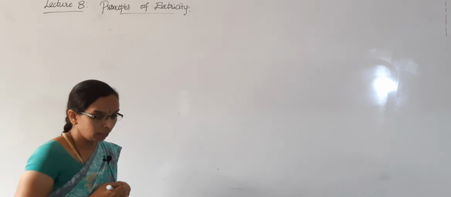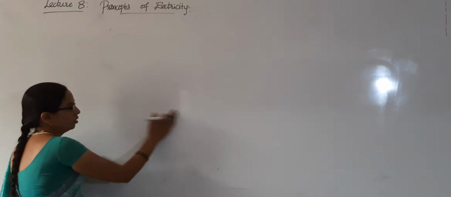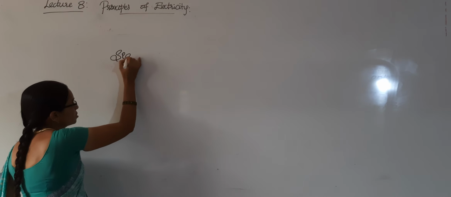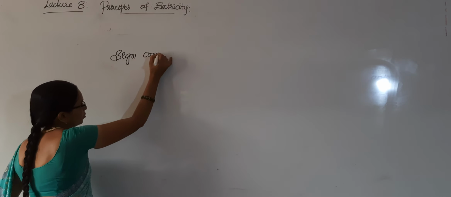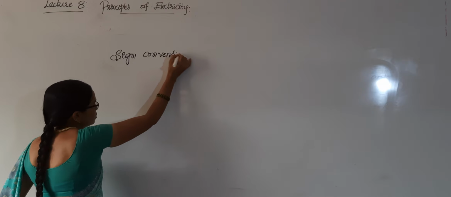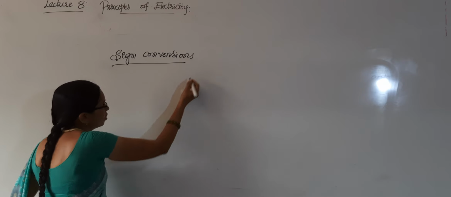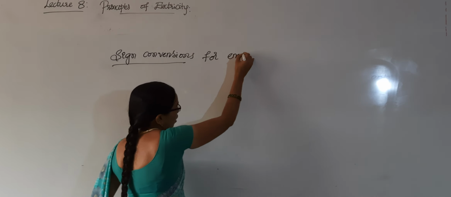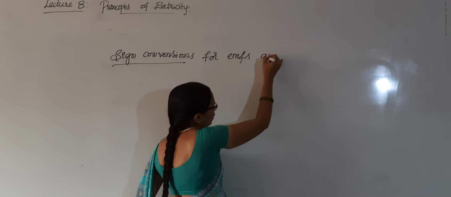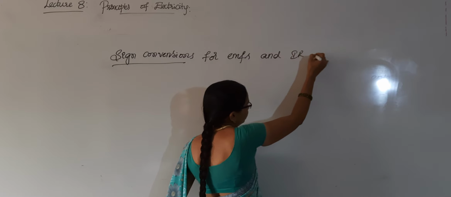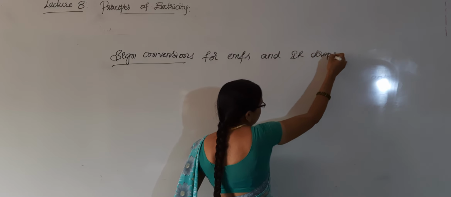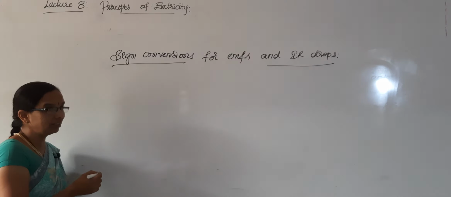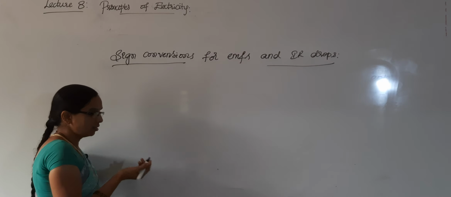So, now we will just look into the sign conventions for EMFs and IR drops. You just note down this. This will be helpful while solving the problems, while analyzing the circuits.